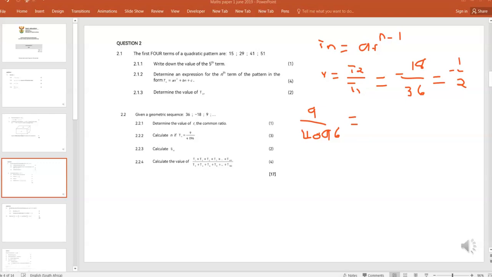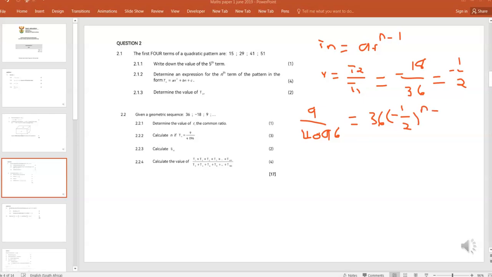So you must equate the number to your Tn. Remember Tn is a, what is a? 36. a is 36, and then you put a bracket for r. r is minus 1 over 2, and then to the power of n minus 1 that we're looking for. So it's gonna be a lot of exponentials here.